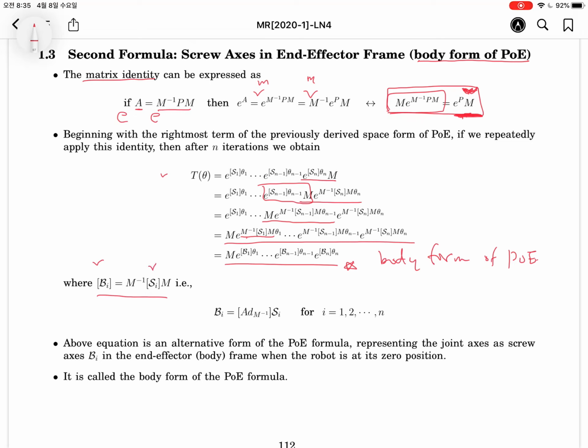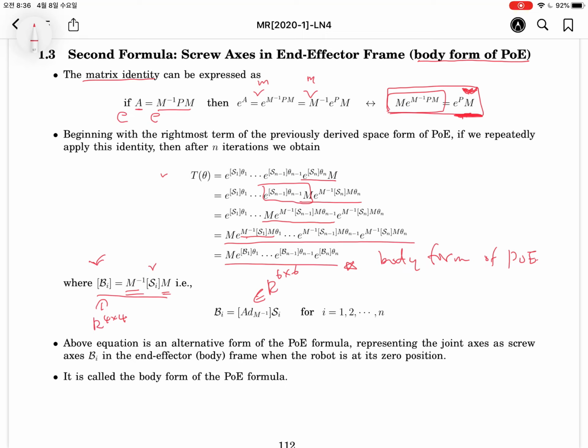Okay. Actually, the screw axis S in the space form can be changed into the body form of screw axis using the similarity transformation. In this case, this matrix belongs to R 4x4, but it can be changed by using the adjoint map. Do you remember that? Adjoint map belongs to R 6 times 6.